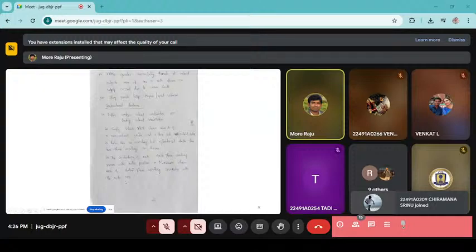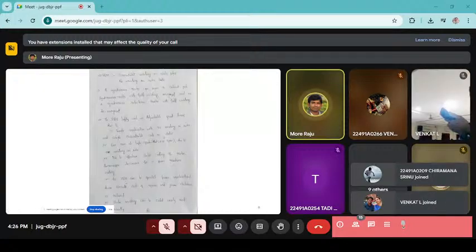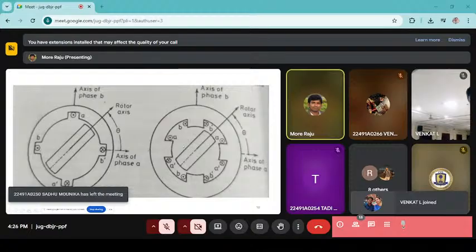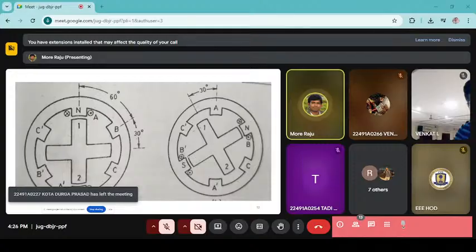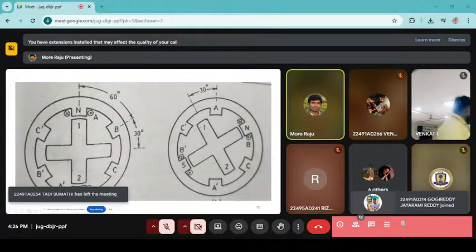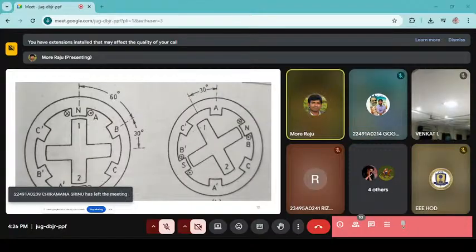In this position, when the stator and rotor axes coincide, the flux linkage is maximum, hence the inductance becomes maximum.